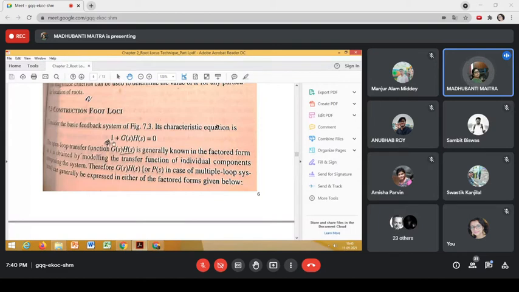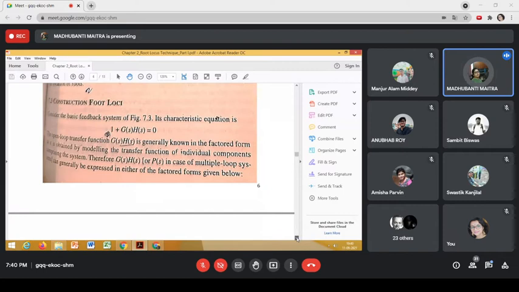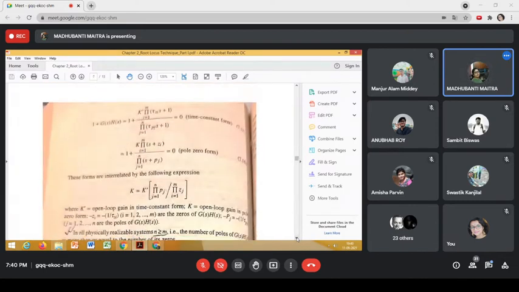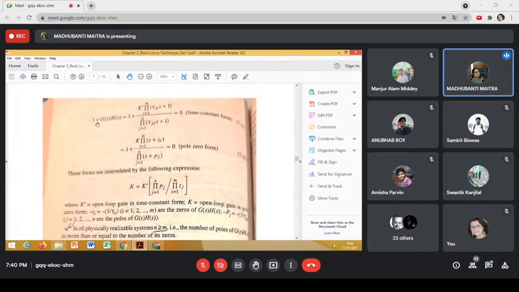So this is our characteristic equation. Obviously we are considering a single loop system, 1 plus G(s)H(s) equal to 0. This G(s)H(s) can be expressed in time constant form or in pole zero form, right?